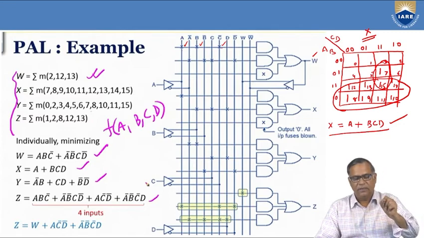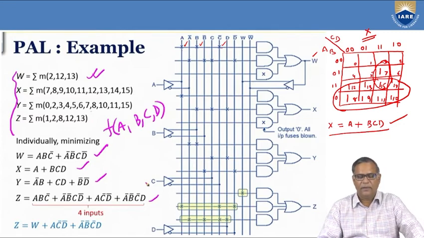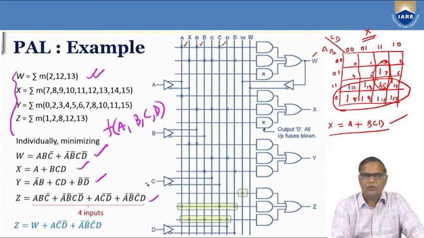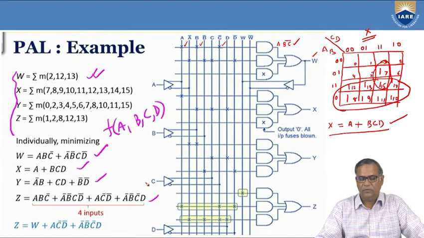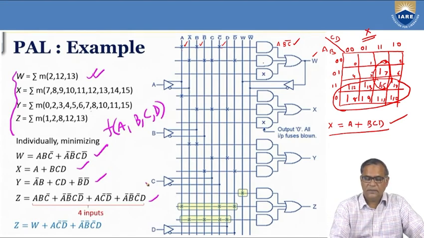So these links that I have marked in red color are going to stay, and the other links are blown out. So this will give me A, B, C bar. And this is A bar, B bar, C, D bar.